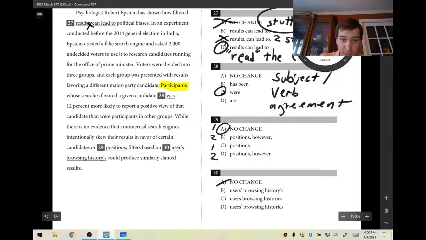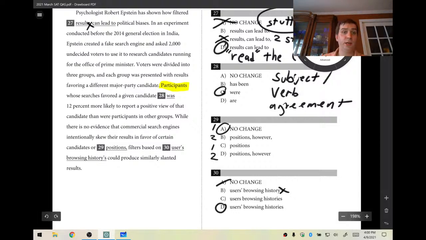That's really weird. A is out. So we are talking about many users. So an apostrophe after the S. And we're not giving possession to their histories. We're just plural noun histories. So possessive users, multiple, with plural histories, which is D.